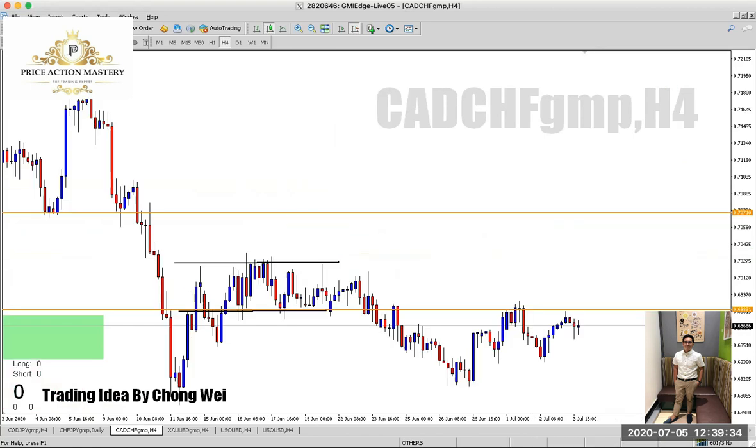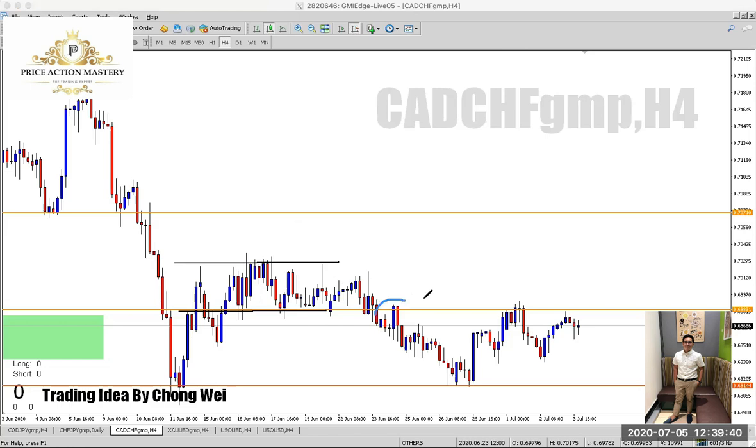Basically the market is in a range. As you can see, from here the market was able to drop to here, and from here again. If the market is able to go up, which means closing above the line, then I will see upside exposure. For now, I see it as a range, a downtrend range.